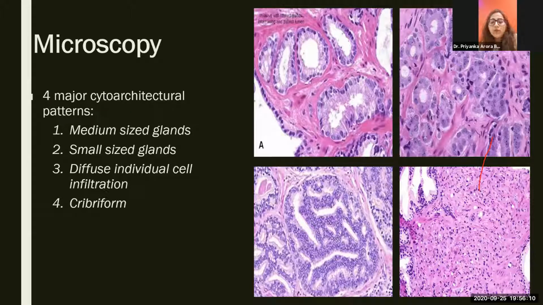In the most recent update, they have changed the grading system. It's not the same as Gleason score 7. Gleason score 7 is divided into 3 plus 4 and 4 plus 3, and that changes the Gleason grade. We will talk about that in the coming slides as well.